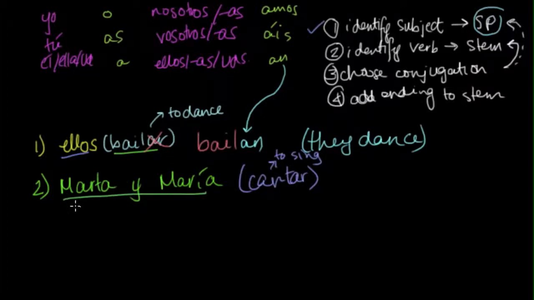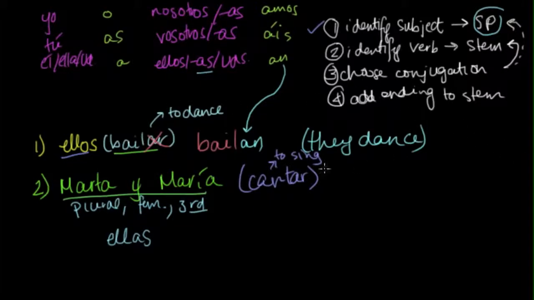So, what do we know? We know that it's plural, because there are two, and we know that it's feminine, because both of them are girls. And we know that it's in the third person, because we're not addressing them directly, and we are not speaking as Marta or María. So that means we need ellas. So we can just write that down here as a little reminder to ourselves that we need the conjugation for ellas in step 3.